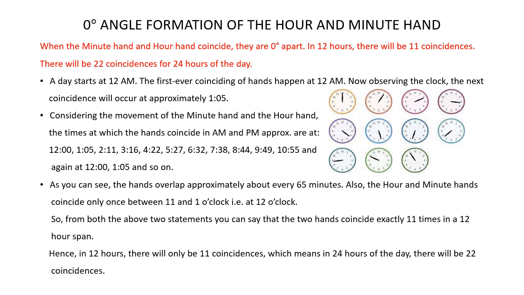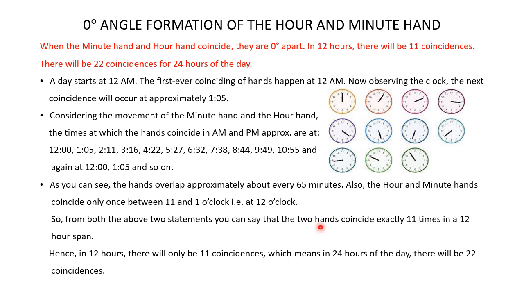So between 11 and 1, instead of two coincidences, there is only one coincidence, which happens at 12 o'clock. So in a 12-hour span, instead of 12 times, there will be only 11 times when the two hands coincide.